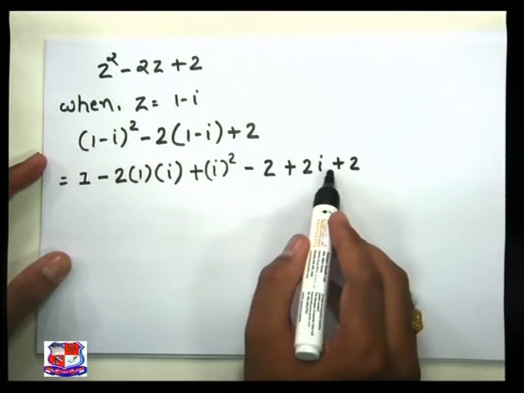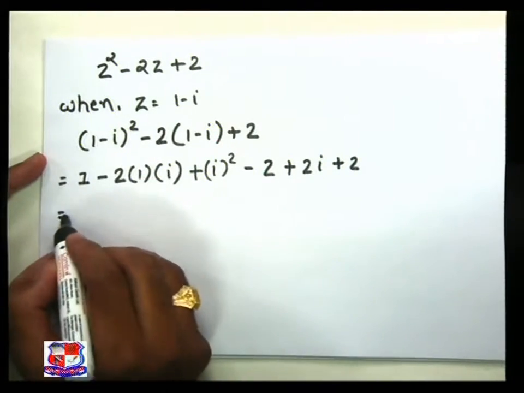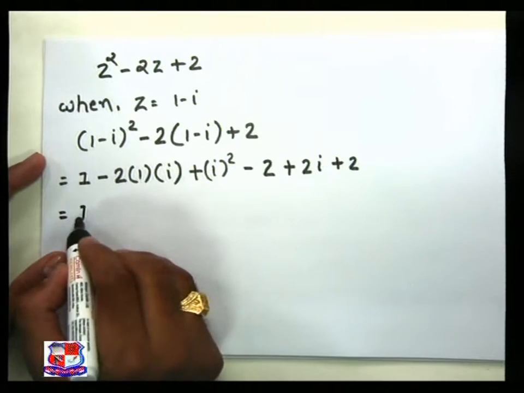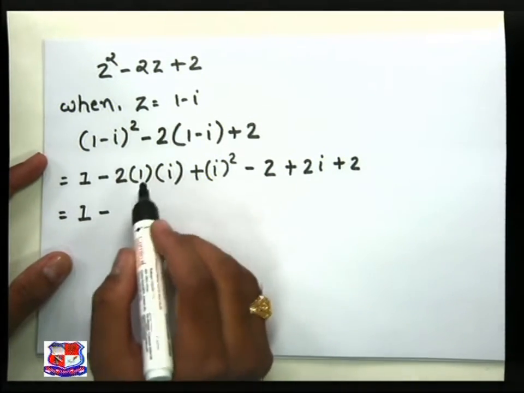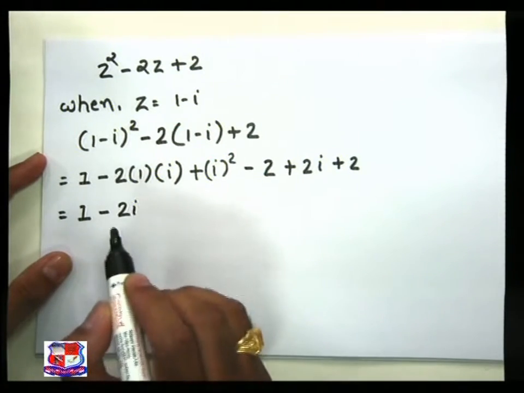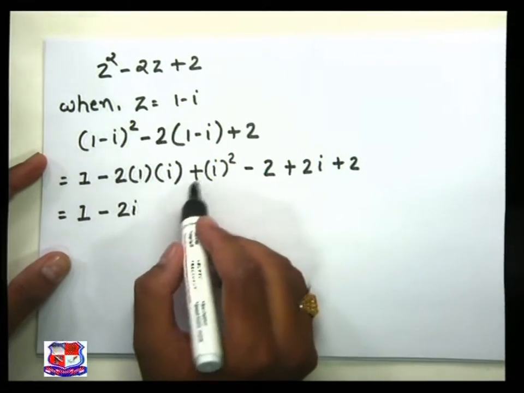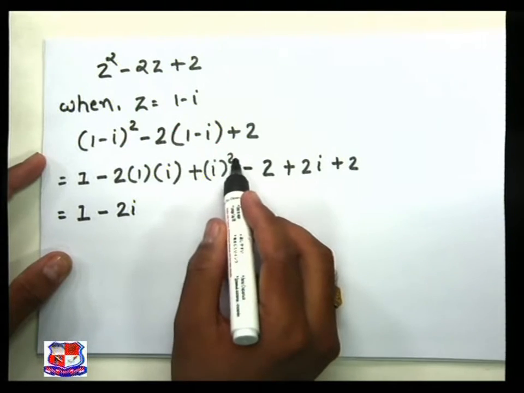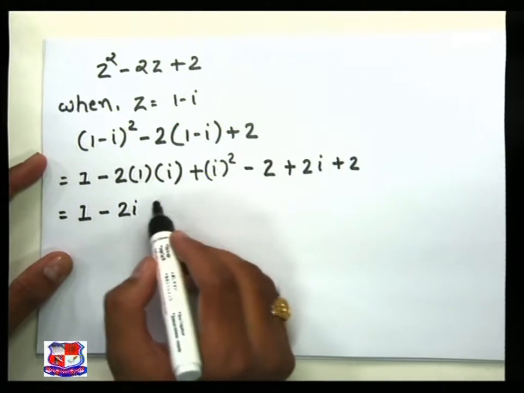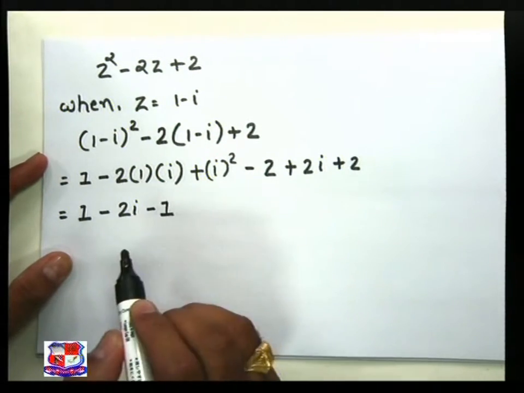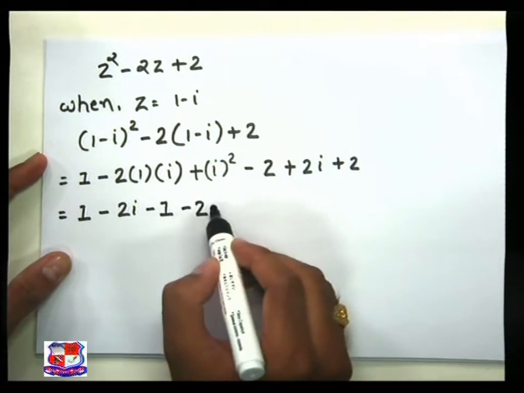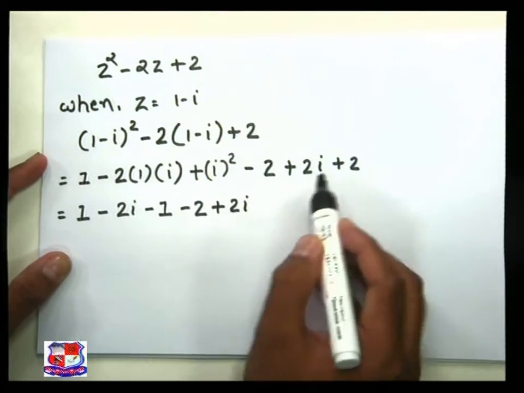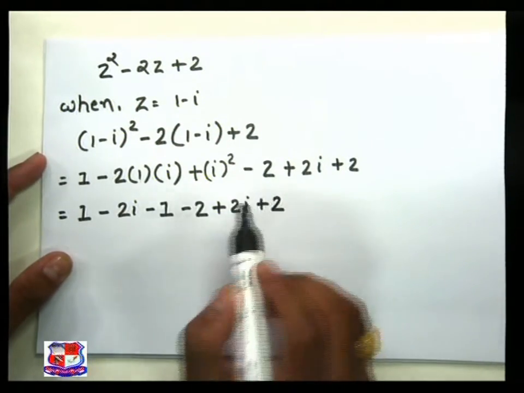Now again we simplify this step: 1, minus 2 into 1 into i, that is 2i, plus i square, that is minus 1, minus 2 as it is, plus 2i as it is, plus 2 as it is.